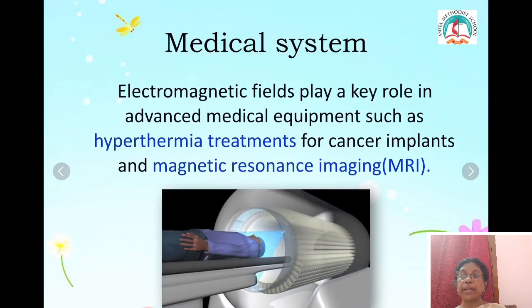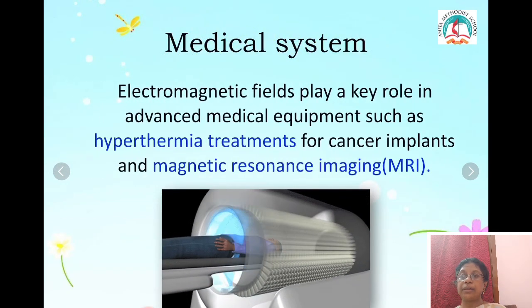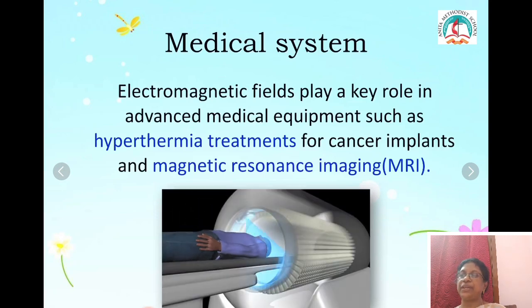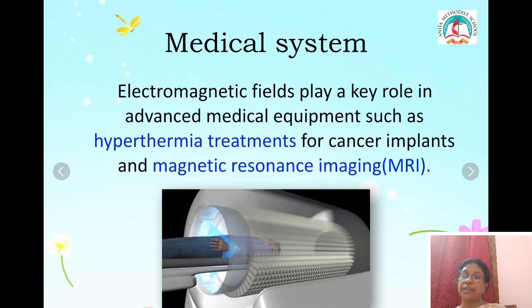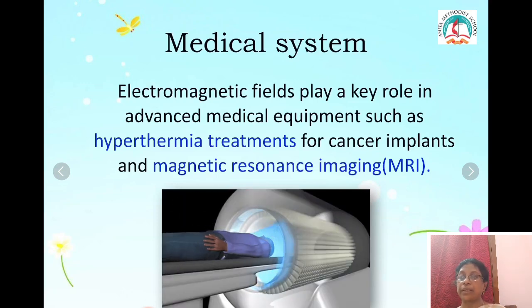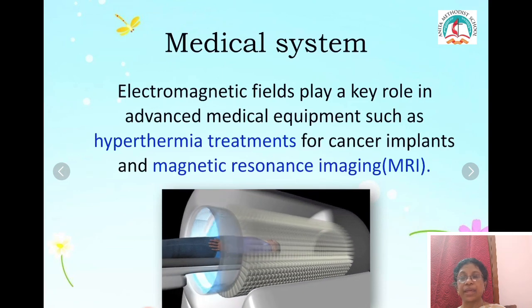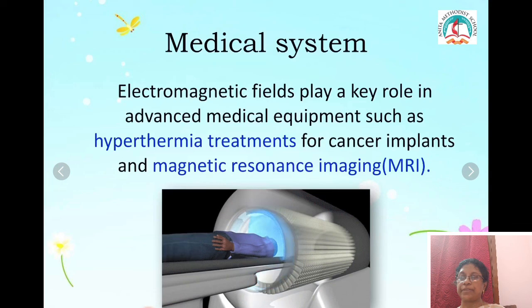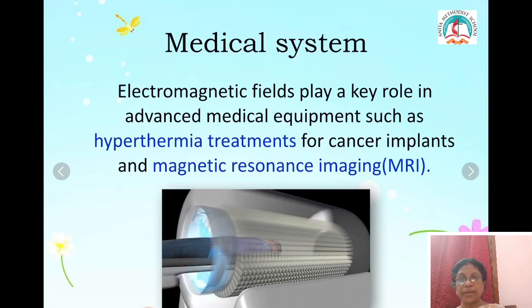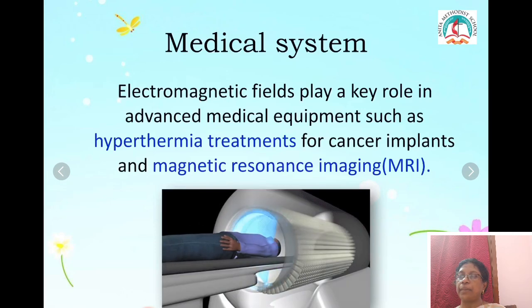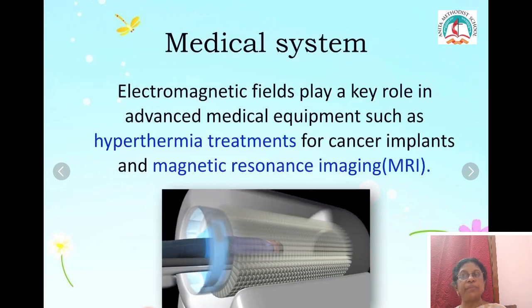Next, electromagnets are also used in the medical field, in special equipment. Have you heard about the MRI scan? Yes, this is used to scan a person. The MRI scan works based on the electromagnetic principle. MRI is magnetic resonance imaging.